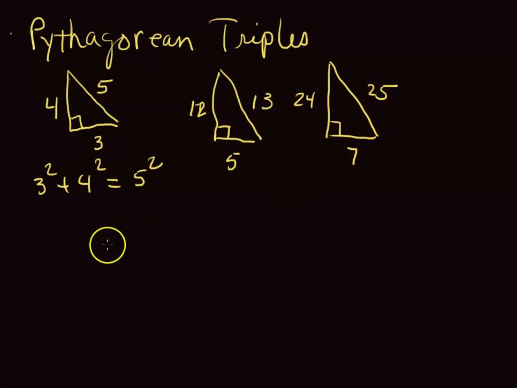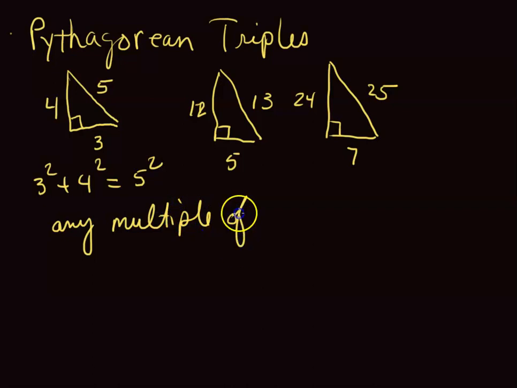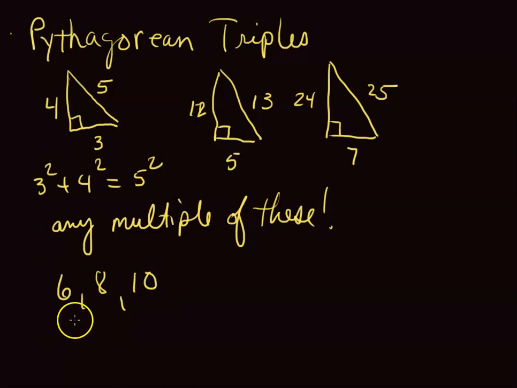And of course, what you might want to remember is any multiple of these also works. So not only the 3, 4, 5, but if you double everything, the 6, 8, 10, or if you triple everything, the 9, 12, 15, those are also right triangles.